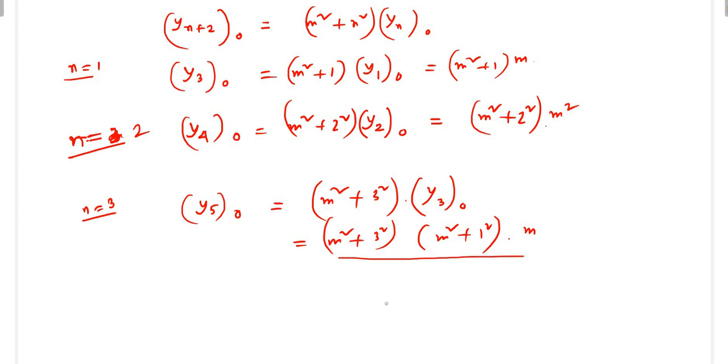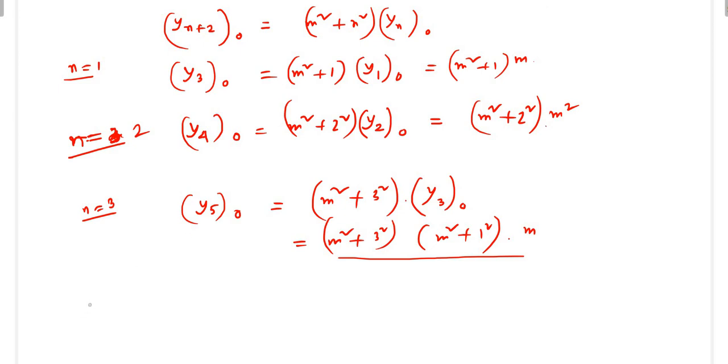Okay. So in this way you can find all the derivatives at the point 0. Whenever it is y n, we don't know whether n is odd or even.